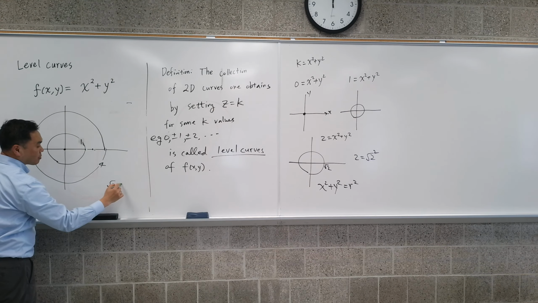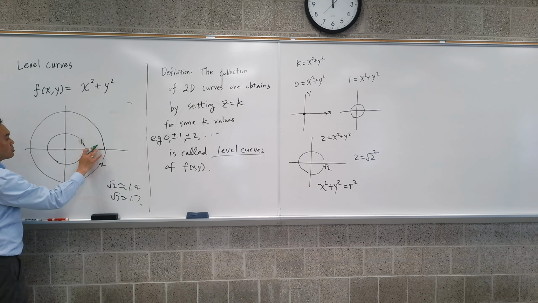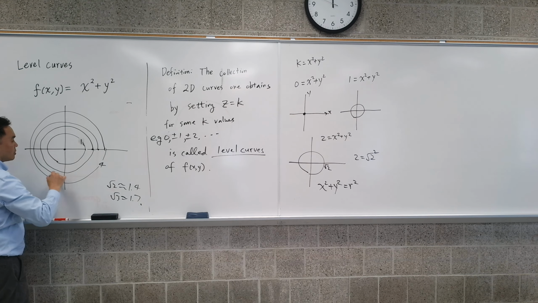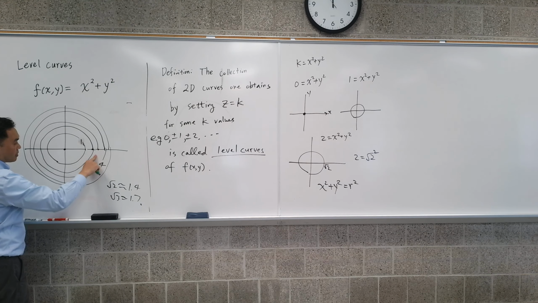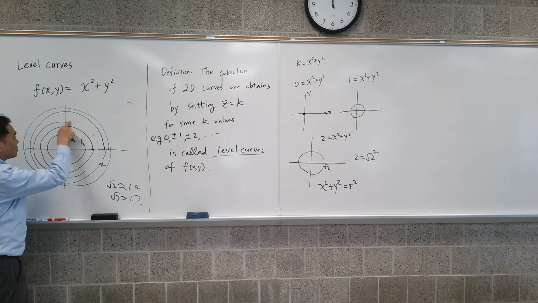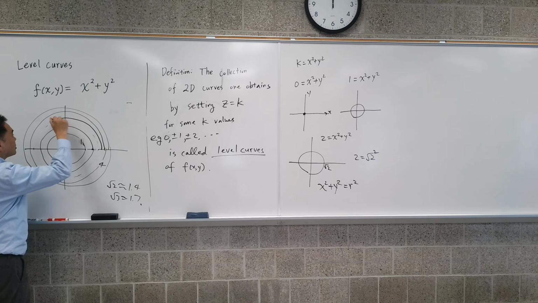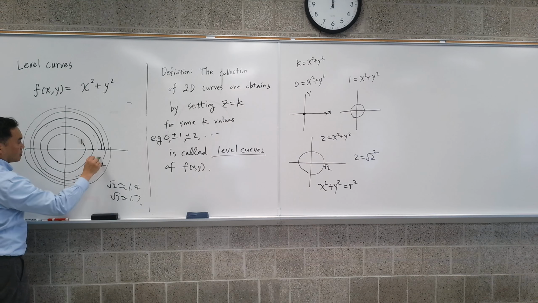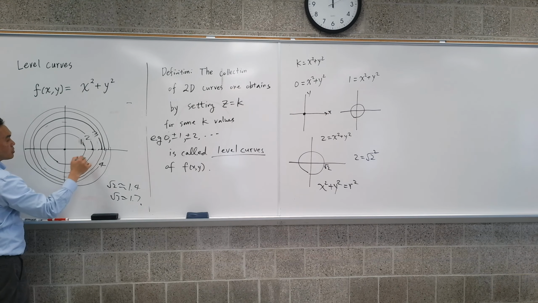The square root of 2 is about 1.4. Square root of 3 is about 1.7. So you have 1 dot here, 1 dot there. That's square root of 2, square root of 3. So you have this, and then the next one will be smaller. It's much closer to 4. So it's like 1, 2, 3, and then 4, and then 5.